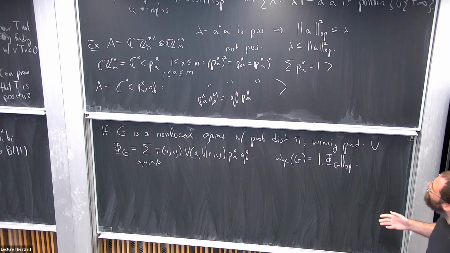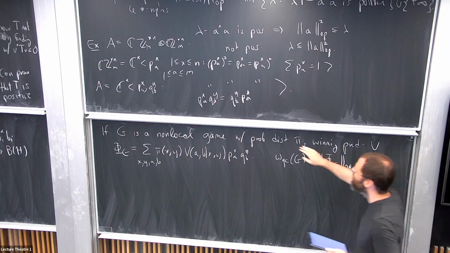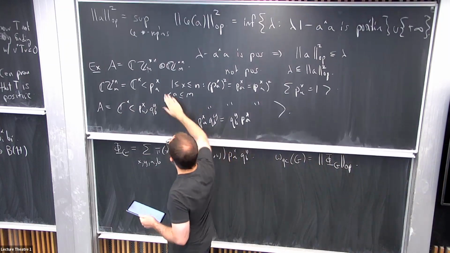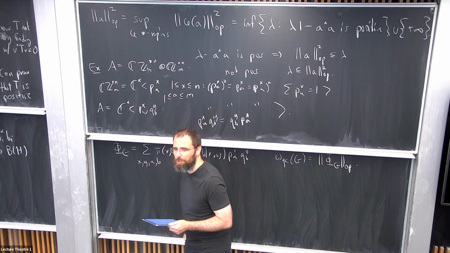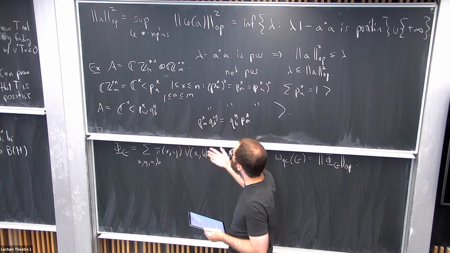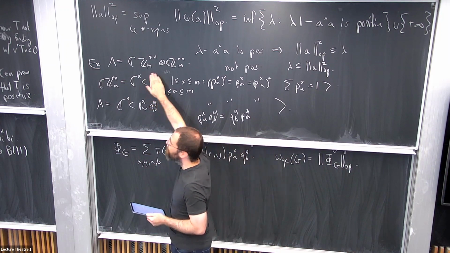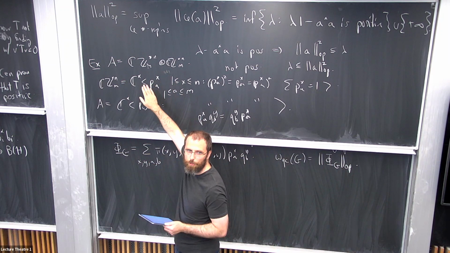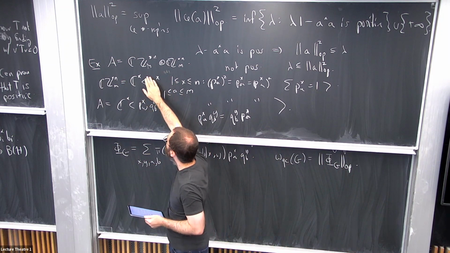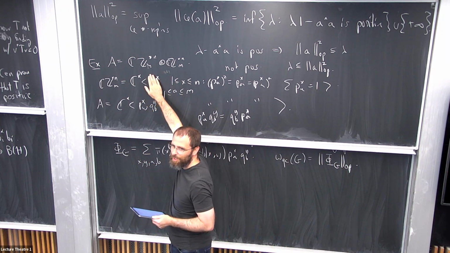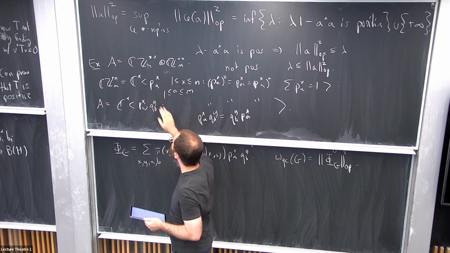But I would say for people who are interested in games, the particular question is just, can you answer positivity in this algebra? That's the algebra we'd really like to know about, and it's because it kind of represents the algebra for measurements made on two different sites. So if we want to understand correlations, so-called, or behaviors that can happen between two different locations, this is the algebra to look at.